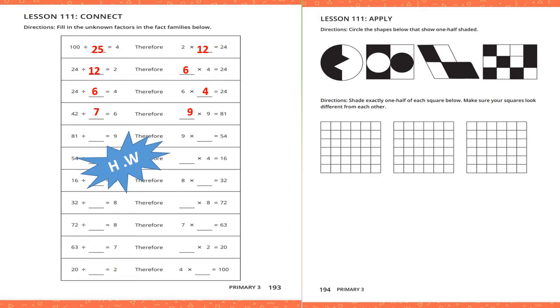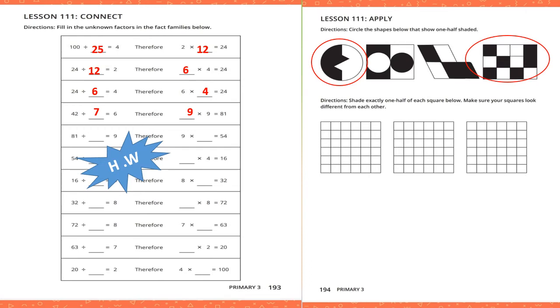Directions: circle the shapes below that show 1/2 shaded. The first one here is half shaded. So I will make a circle around it. What about the second shape? Is half of the shape shaded here? No. So I will skip it. Next, the third shape? No. The last one?